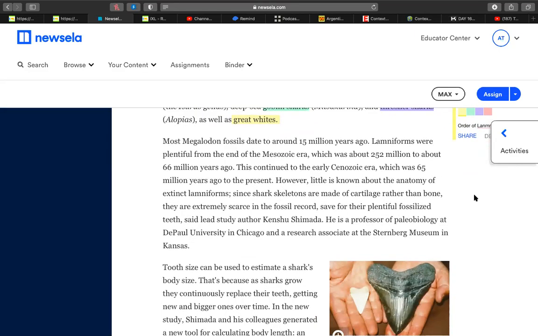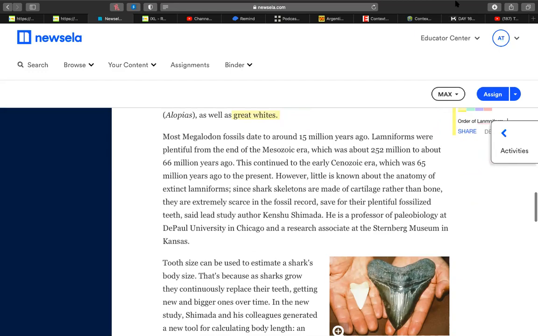Next one. Somebody want to read that one? Anyone? Most megalodon fossils date to around 15 million years ago. Lamniforms were plentiful from the end of the Mesozoic era, which was about 252 million to about 66 million years ago. This continued in the early Cenozoic era, which was about 65 million years ago to the present.